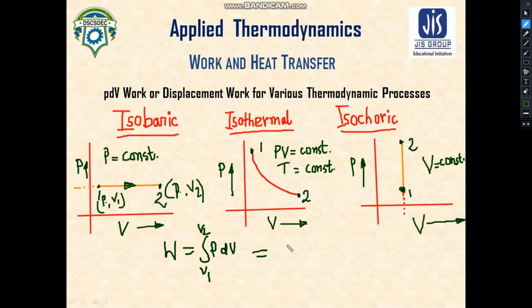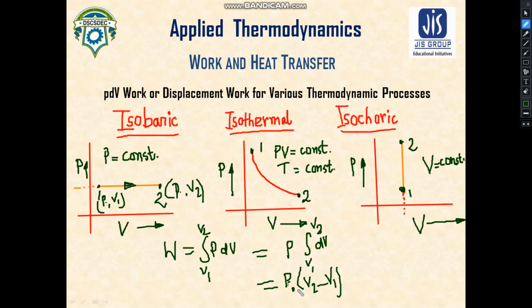We can treat P as constant and integrate dV between the limits of V1 and V2, which gives us P (V2 minus V1). I am not getting into integration; this is very simple. So the work done in the isobaric process is P into (V2 minus V1).